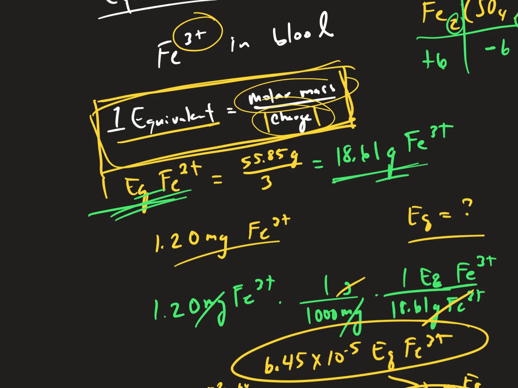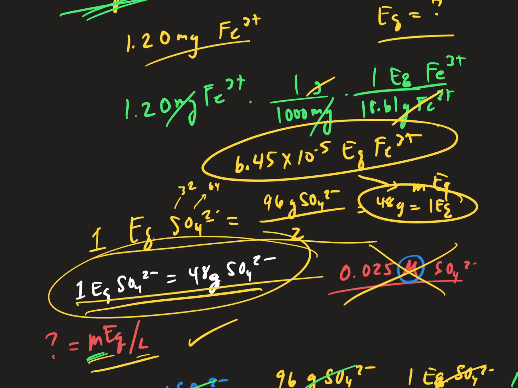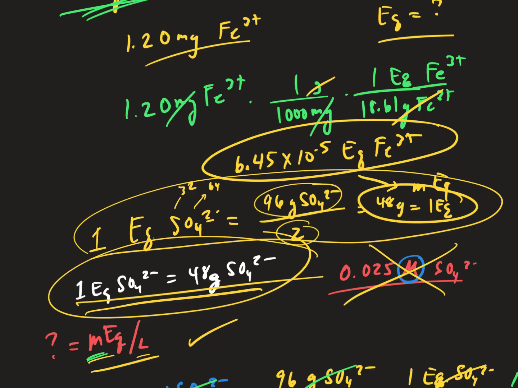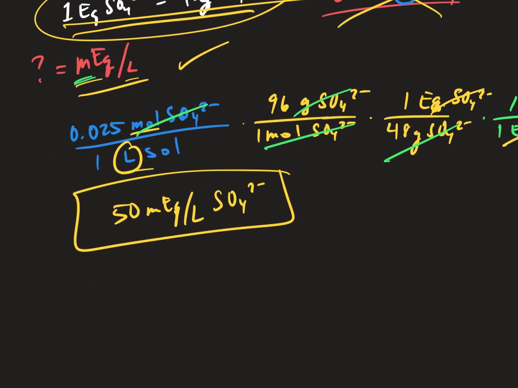Good? And we kind of did that right here. The molar mass of sulfate was 96, and the charge of sulfate is 2. Okay. No, thanks for asking. We good there? Do you want to try the next one on your own? Do it.